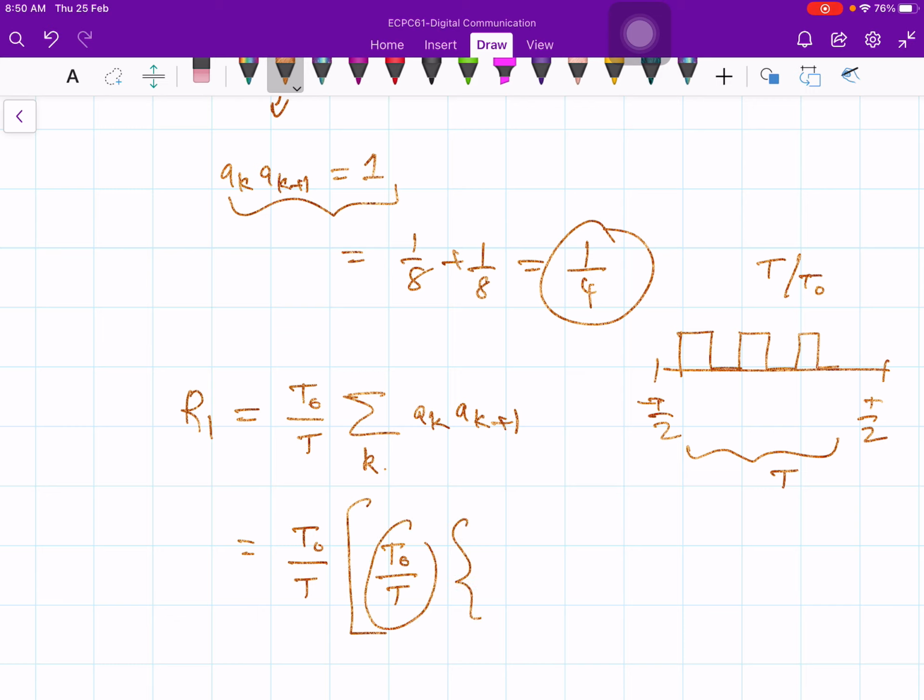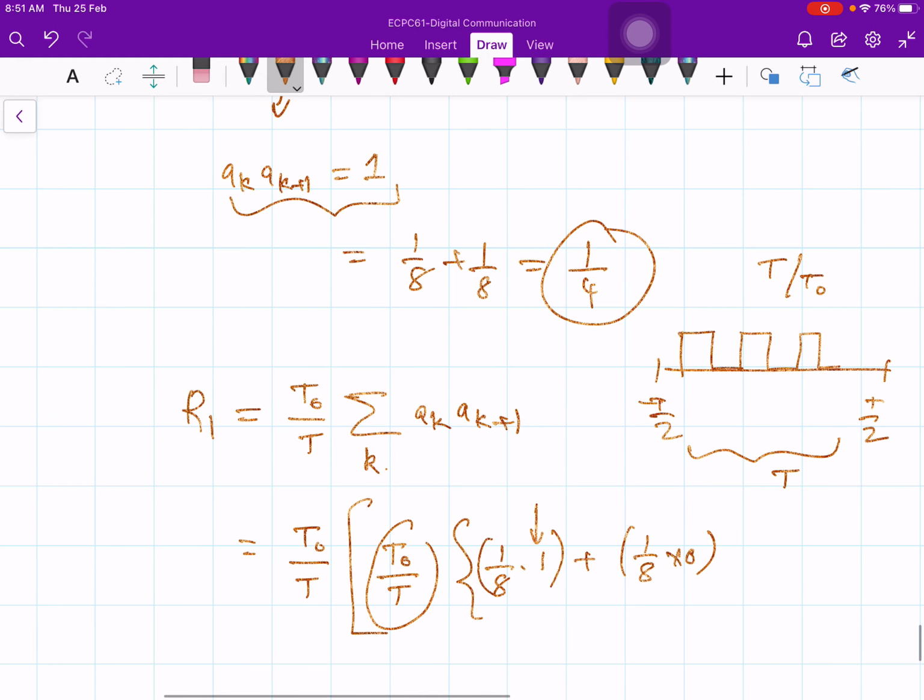Out of this total number of pulses, I am getting 1 by 8 times of 1, plus 1 by 8 times of 0, and let's say this comes from minus 1 comma minus 1, and this comes from minus 1 comma 0.